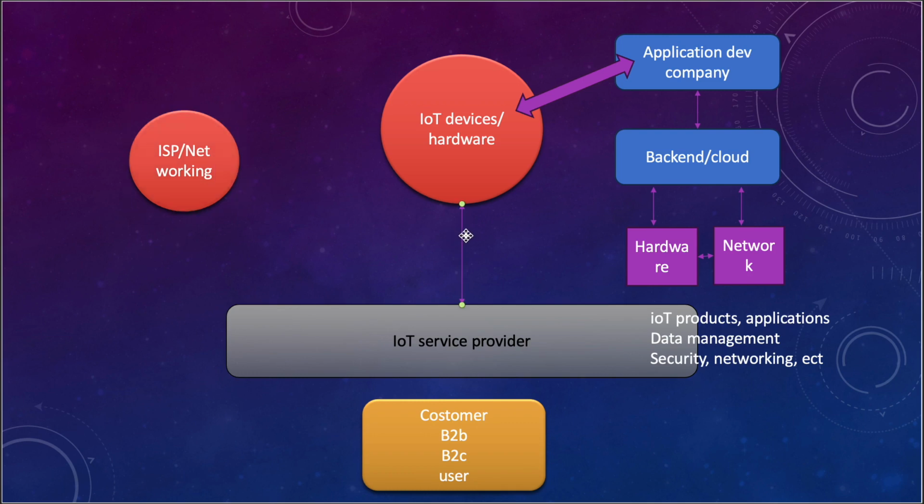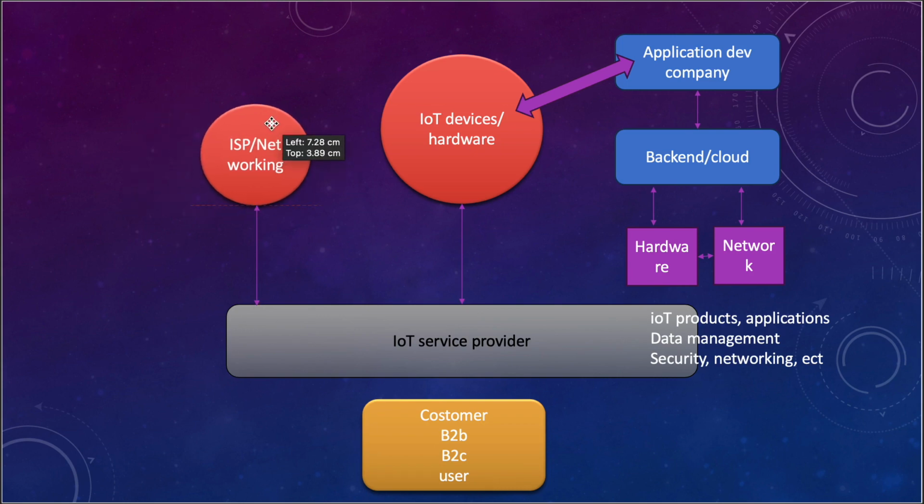For example, if you are going to use cellular connections in a remote place, but here of course we don't need that. Basically we need Wi-Fi, and we need internal network connectivity.